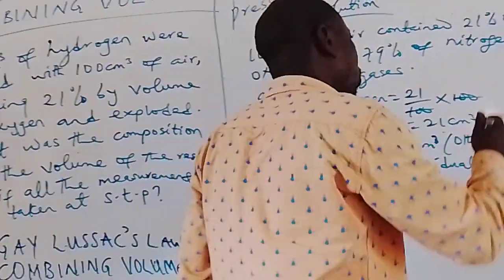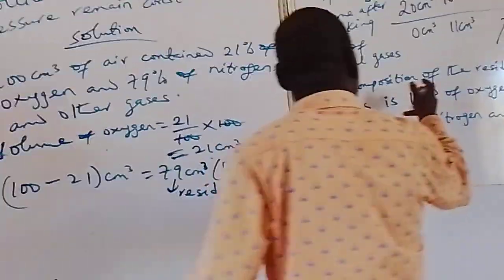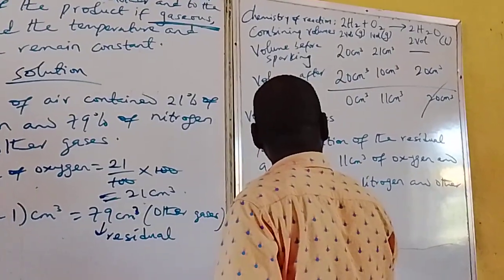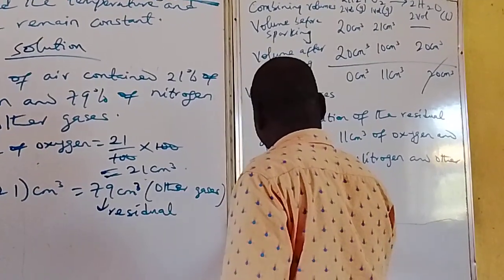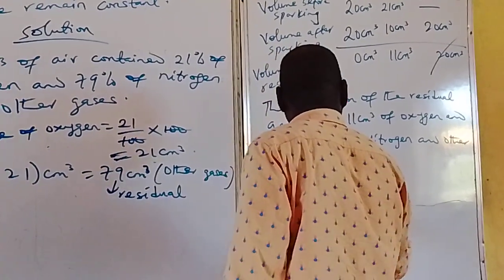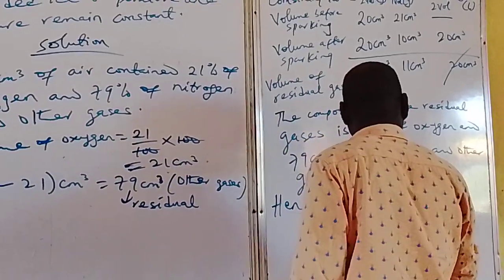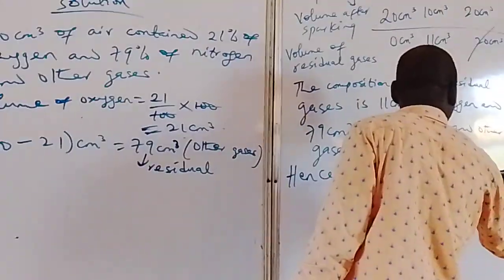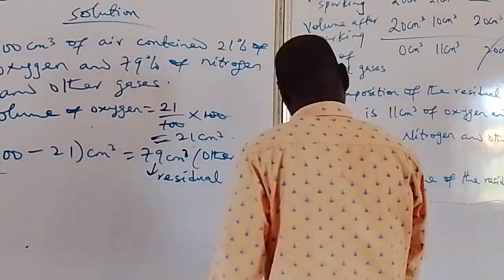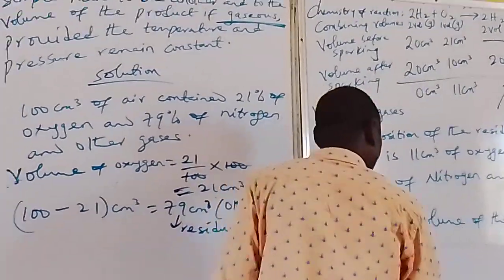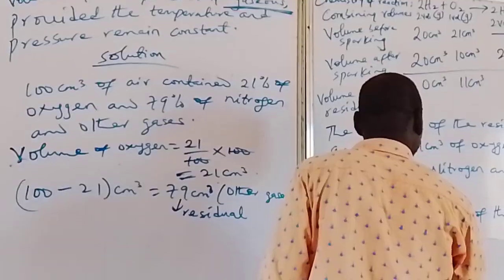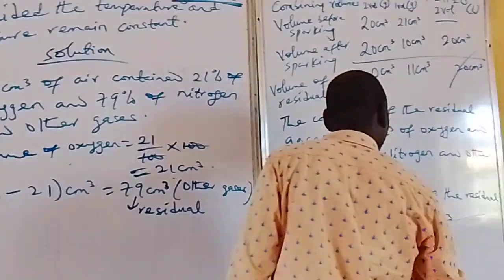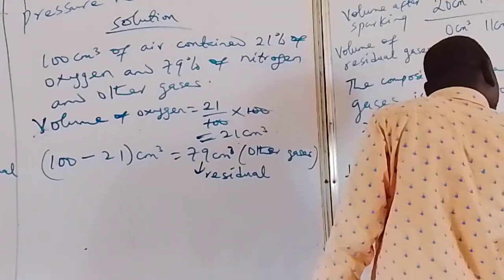So how do we get the volume of the residual gases? We are going to add the volume of the oxygen residual and the volume of the other gases residual. So the volume of the residual gases is 11 cm³ plus 79 cm³.